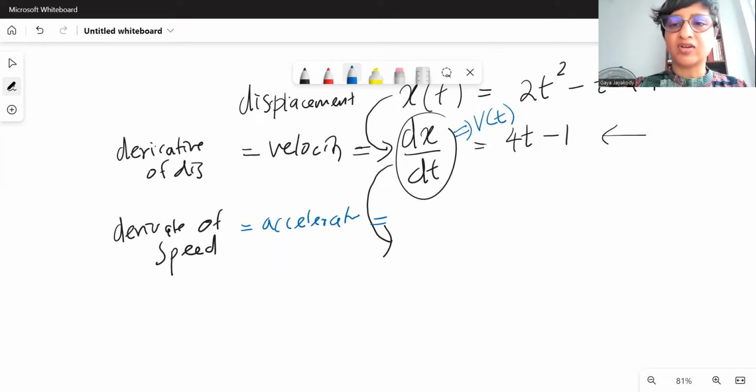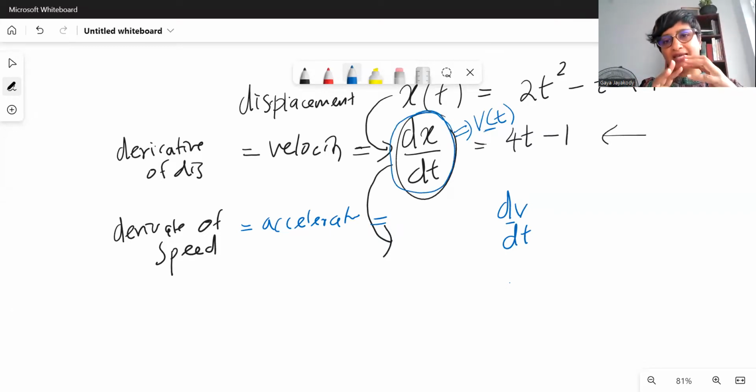The notation for the velocity function is dv by dt. Both are the same: the notation dx by dt shows that it is the derivative of x, but it is the same as the velocity function, v of t. If I take v of t and differentiate it, it is dv by dt.